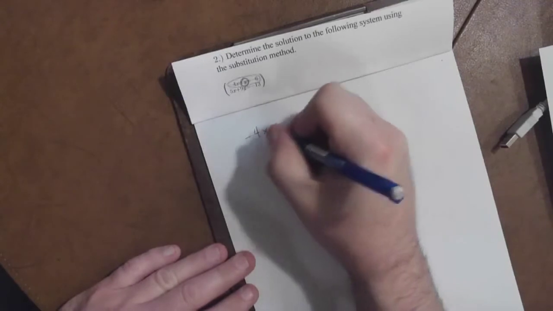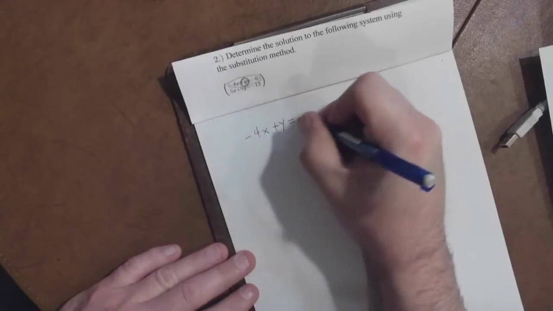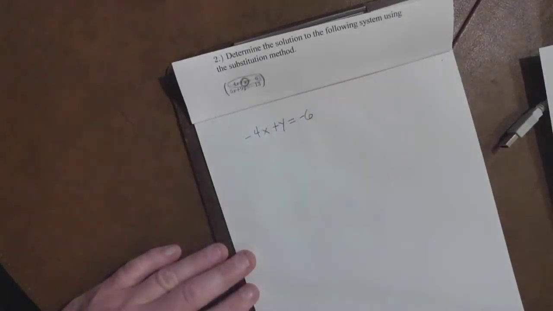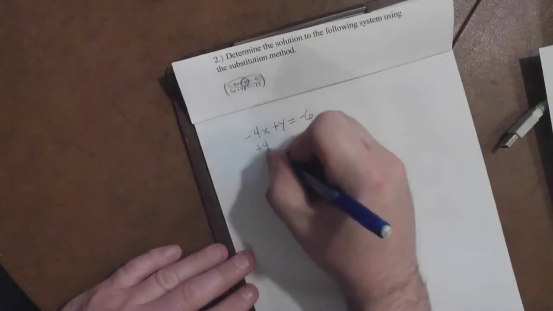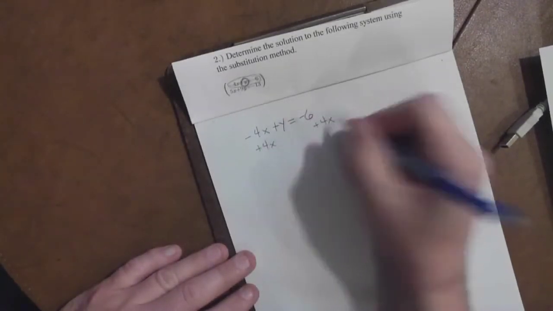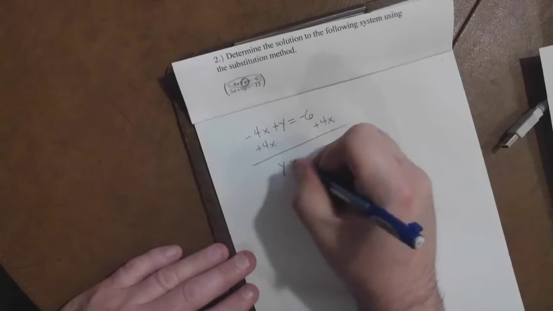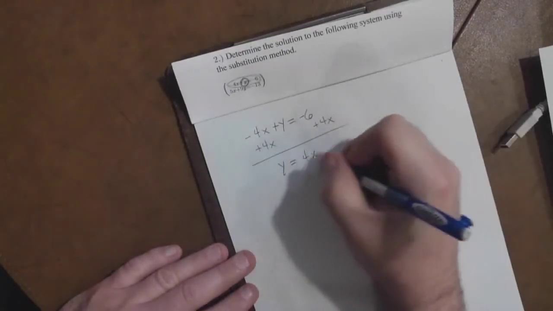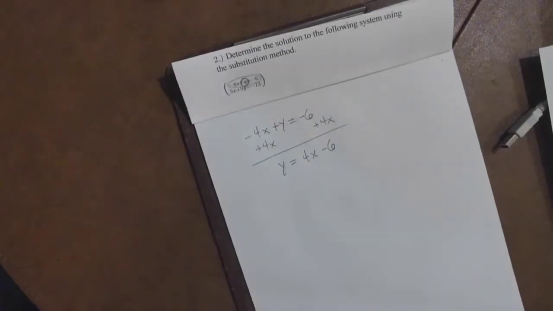The algebra involved would be minimal to solve for the value of y in this equation. All I would have to do is add 4x to both sides. Wait, subtract 4x from both sides. So I end up with y equals negative 4x minus 6 if I arrange that with the x term first. Right? Now that's a pretty quick solution there.